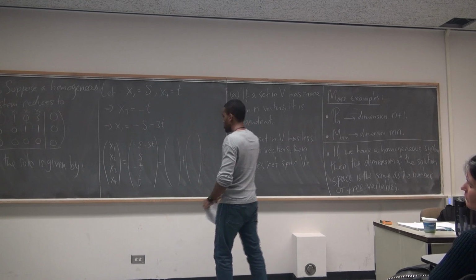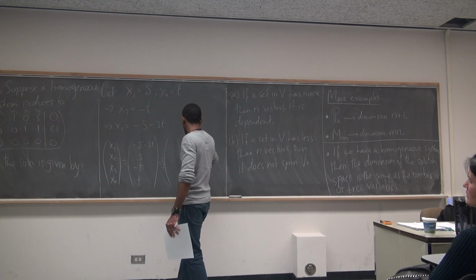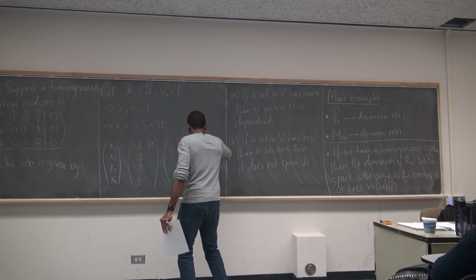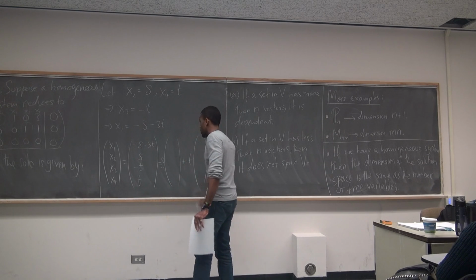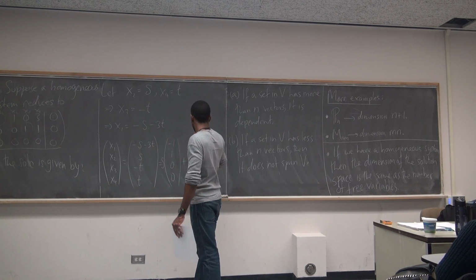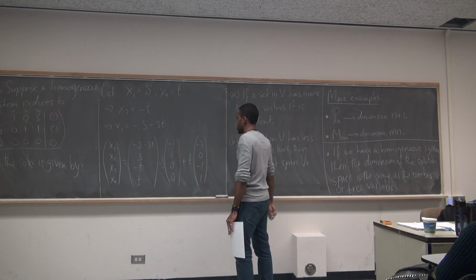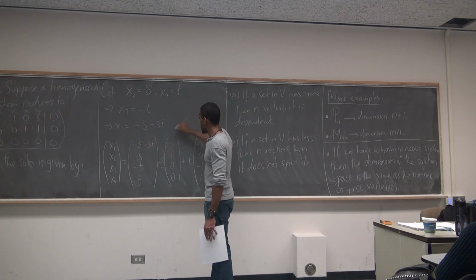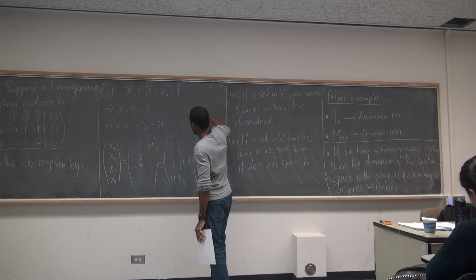So, yeah, there's one guy that has all the s's, there's another guy that has all the t's. And so I have minus 1, 1, 0, 0, and negative 3, 0, negative 1, 1. Right. So here you see these actually form a basis for the solution set.